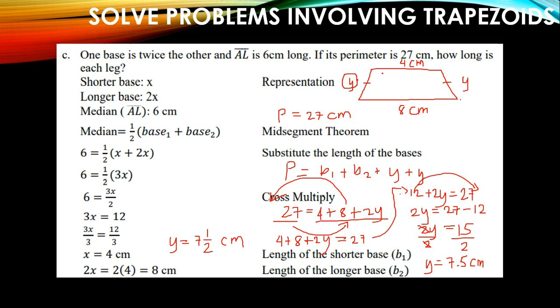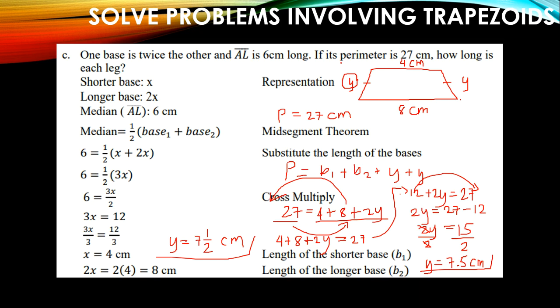Actually, there are two y's, we have the left and the right, because it represents the isosceles trapezoid, and therefore the length of each leg is 7 and 1/2 centimeters or 7.5 centimeters.